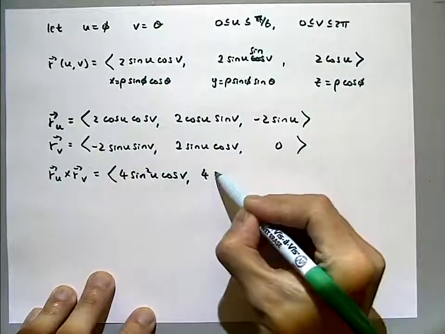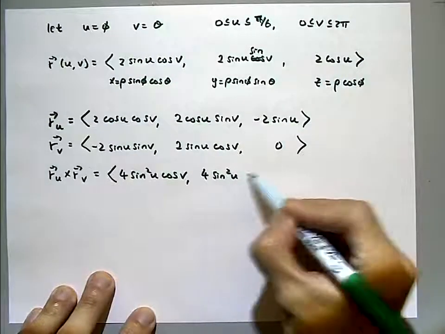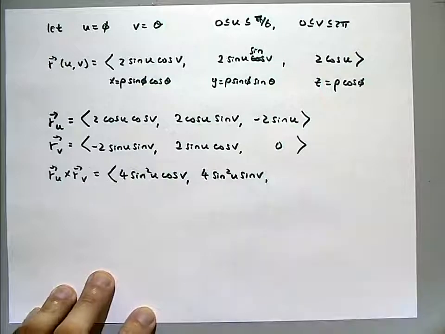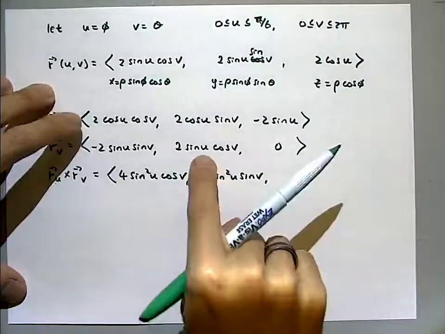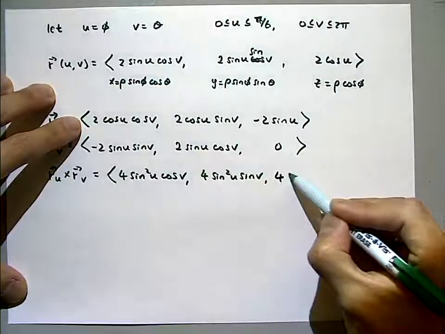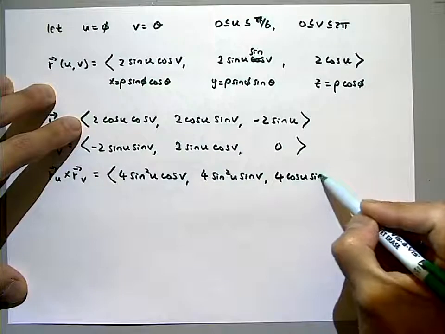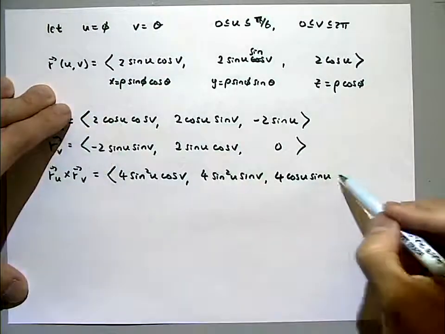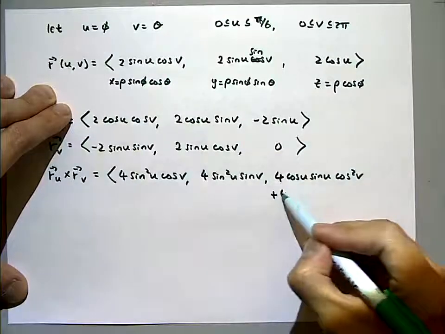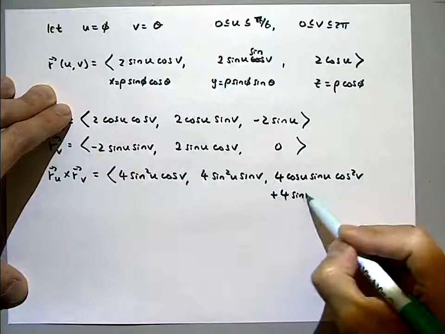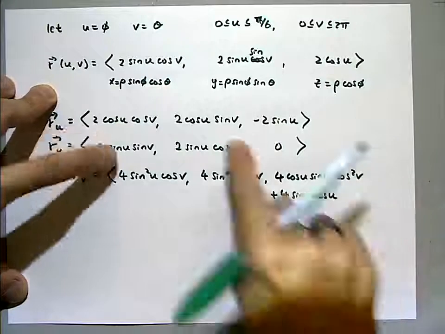So 4 sine squared u sine v. The z component is a little bit annoying, but just have to work it out. There's no other way around it. We get 4 cosine u sine u cosine squared v plus 4 sine u cosine u sine squared v.